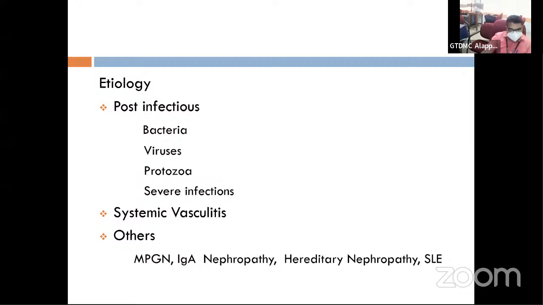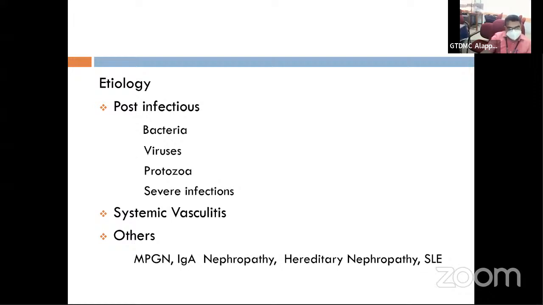Other bacteria causing post-infectious glomerulonephritis are Staphylococci, Meningococci, Treponema pallidum, and Leptospira.